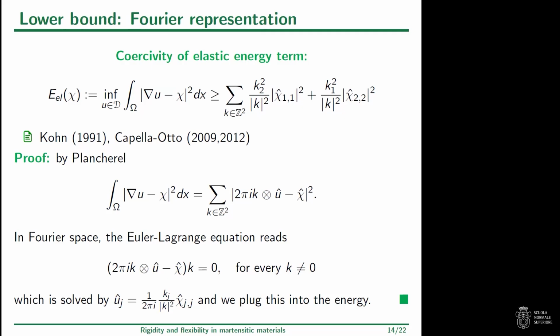The Euler-Lagrange equation is just a linear system in U that you can solve. By solving this linear system, you get that each component of U is, up to this constant here, k_j divided by k squared, times the Fourier transform of the jth entry of chi. Then you plug this into the Fourier representation of your energy, and you get this nice formula here, which I'm going to comment on later.